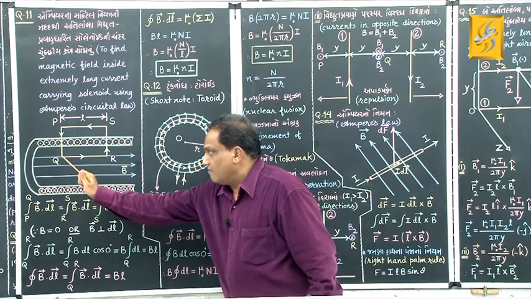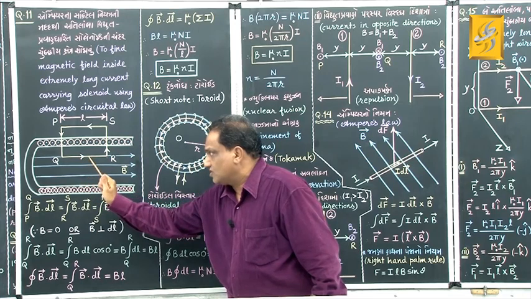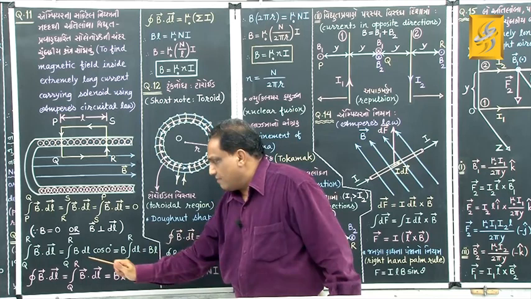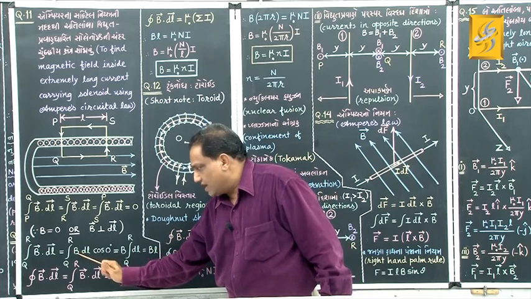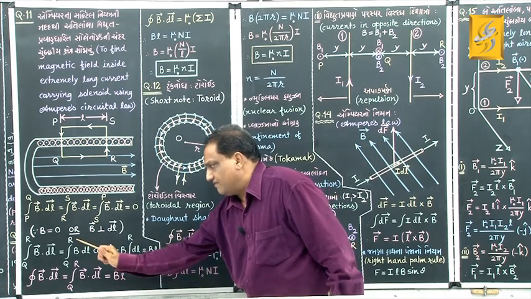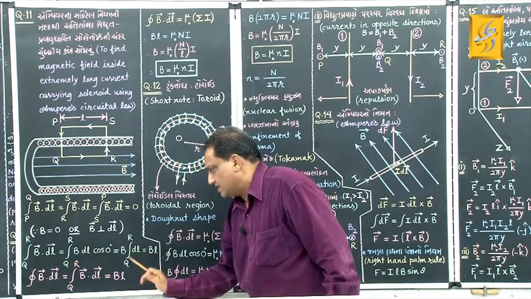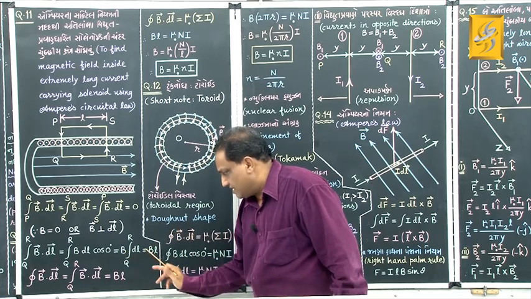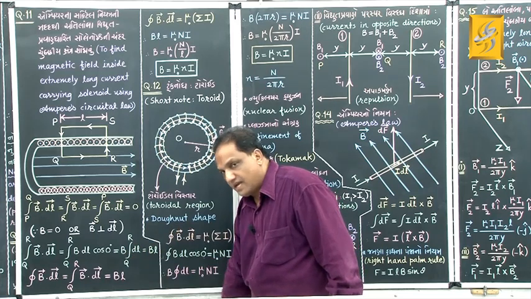And the strength of the magnetic field at each of these points on the line segment QR is the same, constant, and because the value of B is constant, you can take it out of the symbol of integration. So B is taken out, and left is now the integration of dl from Q to R. What do you mean by integration of dl?